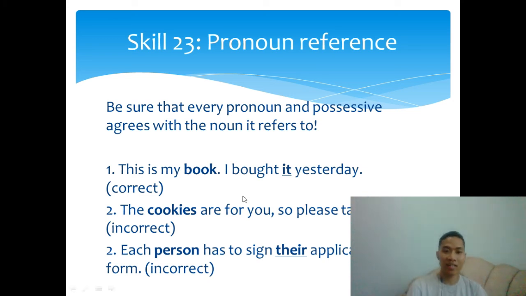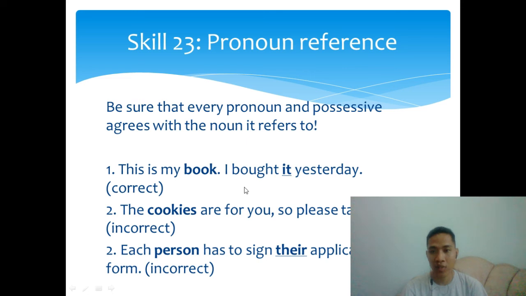Let's look at some examples. Number one, this is my book. Full stop. I bought it yesterday. Number one is correct. Why? Because the noun is book and the pronoun is it. There's no problem. Number two is incorrect. The cookies are for you. So please take it. The noun here is cookies, plural, while the pronoun reference is it.